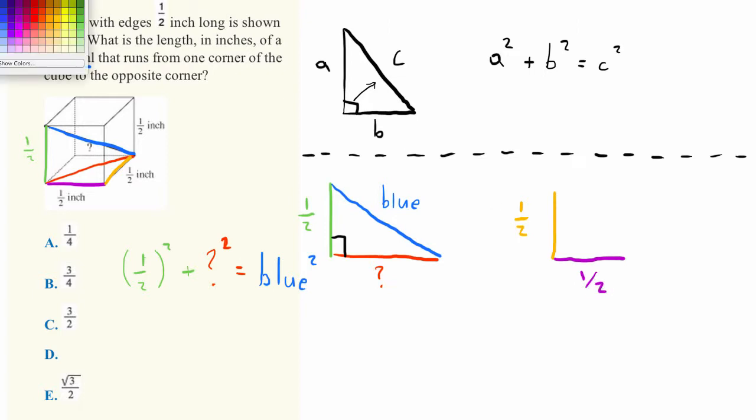The hypotenuse, the side opposite the right angle, which we are calling question mark, is the same as this length. We know both of these are right triangles because a cube is composed of 90-degree angles, so this angle is 90 degrees, and the angle between the green line and the red line is a 90-degree angle as well.